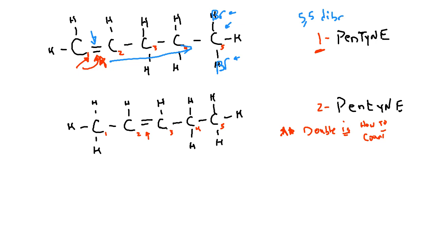So once you have a double bond, again, if there was a bromine here, this would be a 5-bromo-2-pentyne. Wherever the bond is, find the lowest carbon it's attached to, and that tells you which direction you must count.